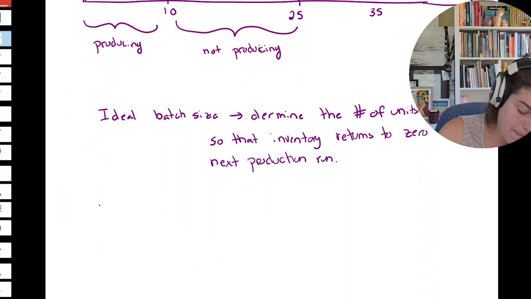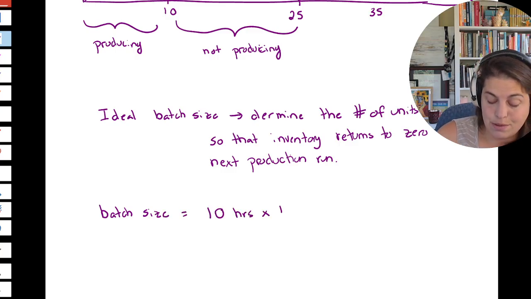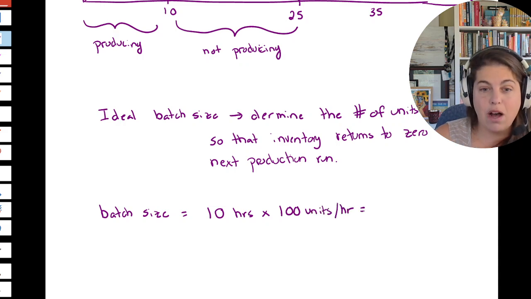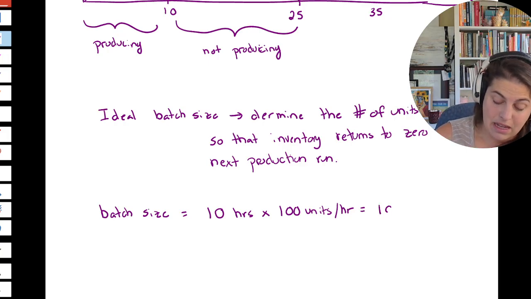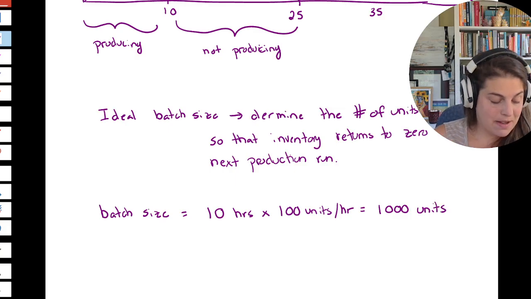Well, in this situation, that batch size: I'm running production for 10 hours and I can produce 100 units per hour. So when we talk about batch size, it's actually 1,000 units for this batch size.